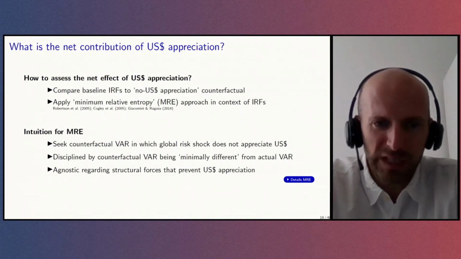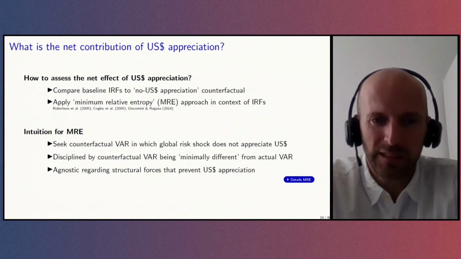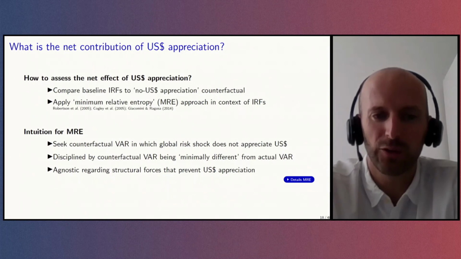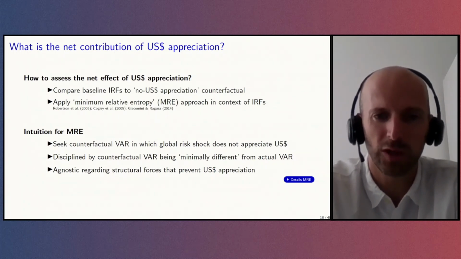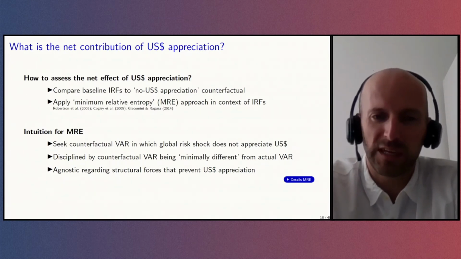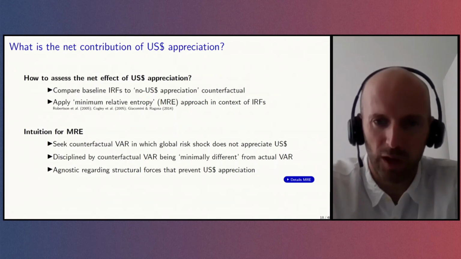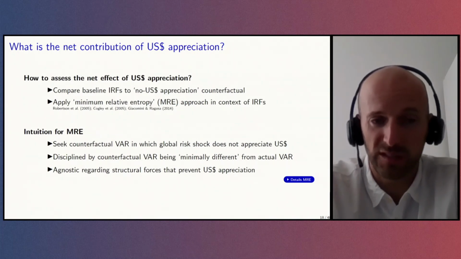Minimum relative entropy seeks to determine a counterfactual VAR in which global risk shocks do not appreciate the dollar. Or in other words, it seeks an alternative parametrization of the VAR model, with that parametrization implying that the impulse response of the dollar exchange rate to a global risk shock is just zero. Okay?